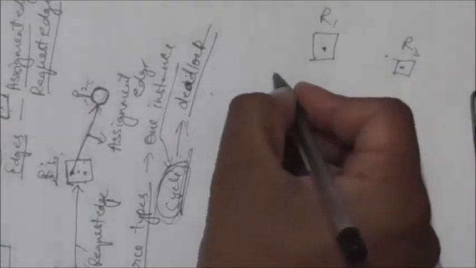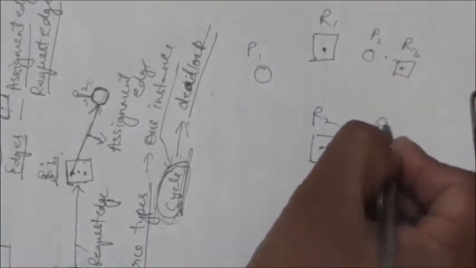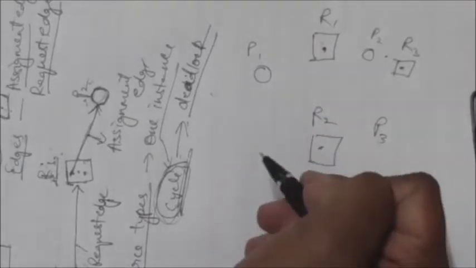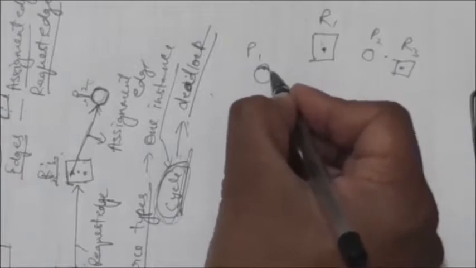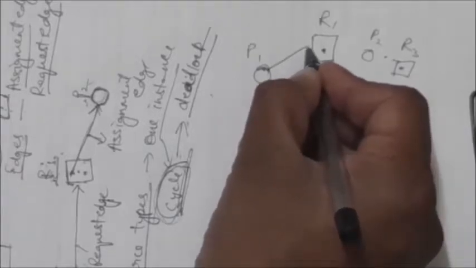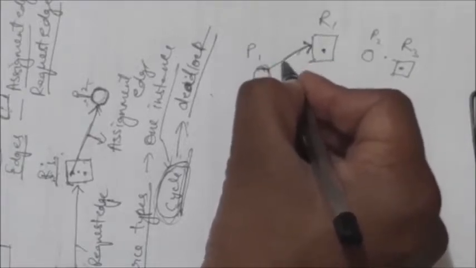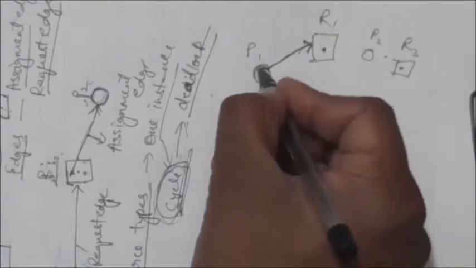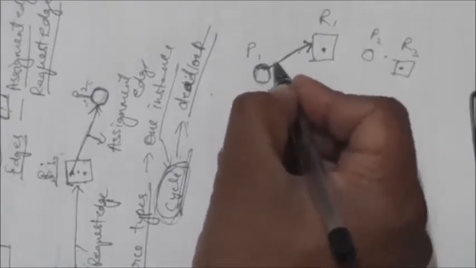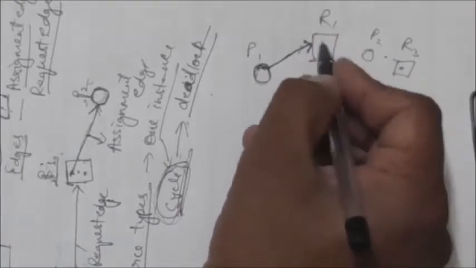Now these are the processes P1, P2 and P3. Now this process P1 is requesting an instance of resource type R1. So I have drawn an edge from the vertex which represents the process P1 to the rectangle which represents the resource type R1.